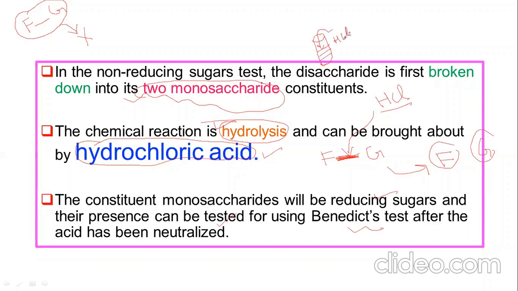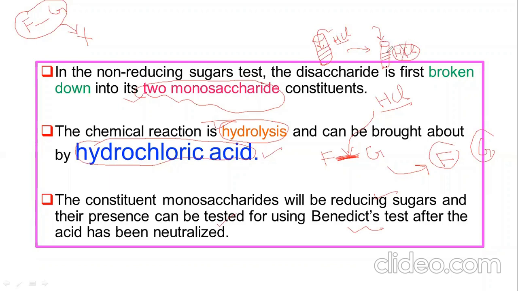Now this solution contains monosaccharides, because the hydrochloric acid broke that bond. Now, if I put Benedict solution directly into it, the Benedict solution does not work in an acidic environment, so that will not give me a result.